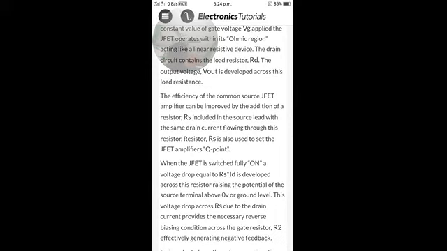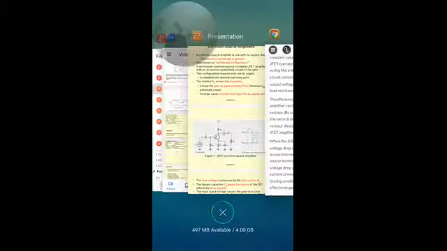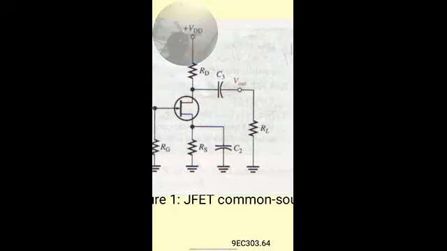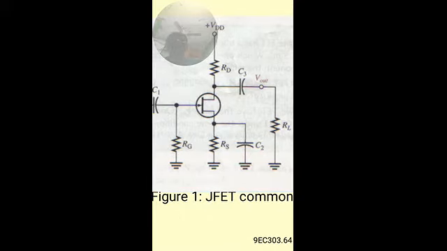When the JFET is switched on fully, when it is conducting, a voltage drop equal to RS into ID is developed across the resistor, raising the potential of the source terminal above 0 volts or ground level.